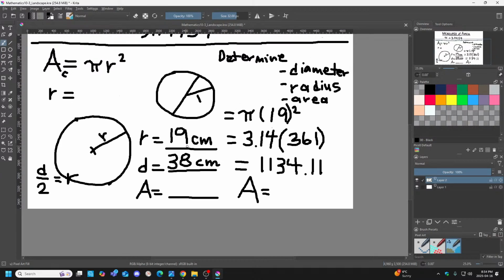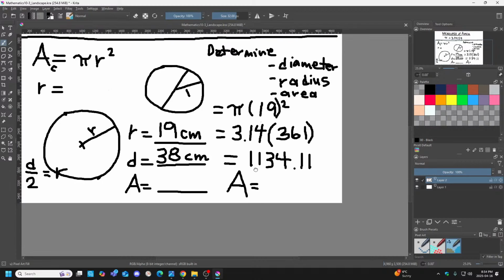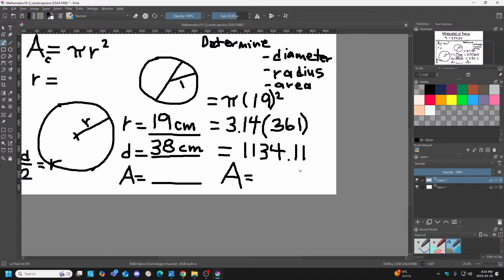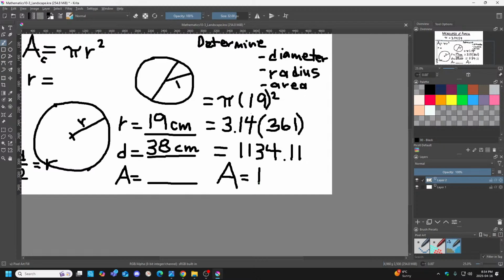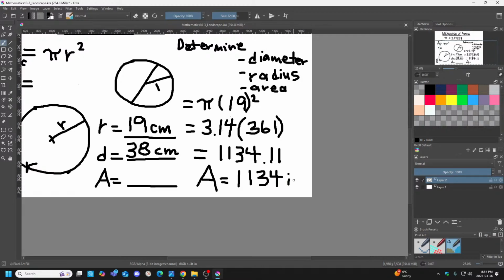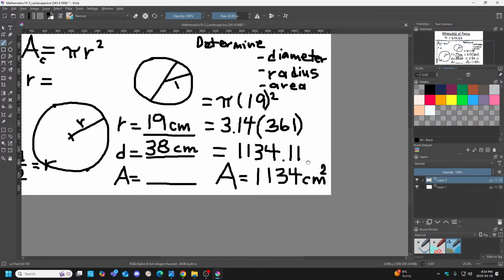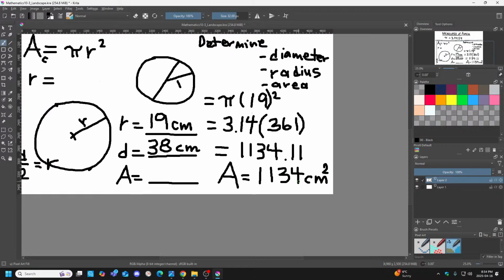So again, I'm going to go to my worst accuracy, which is the ones place. We're at 0.1, so 1 is less than 5. Therefore, no rounding. So our answer is going to be 1134 inches. Nope, sorry, centimeters. Just have a quick look at your units. It sounds like a big number, but centimeters are pretty small, guys.